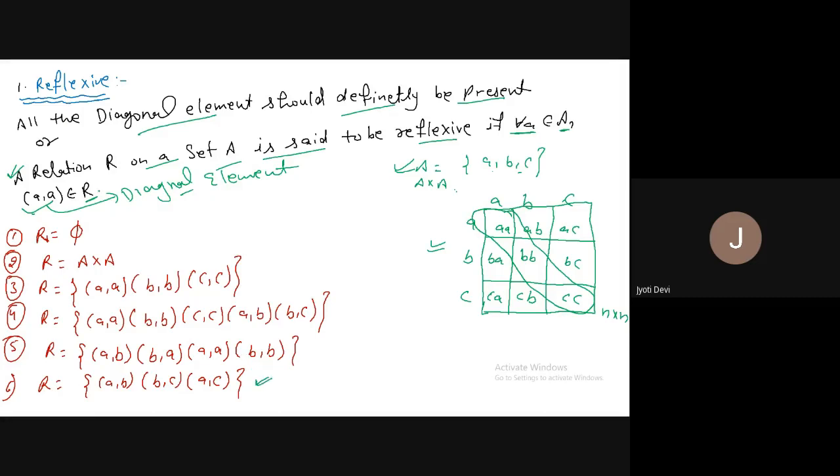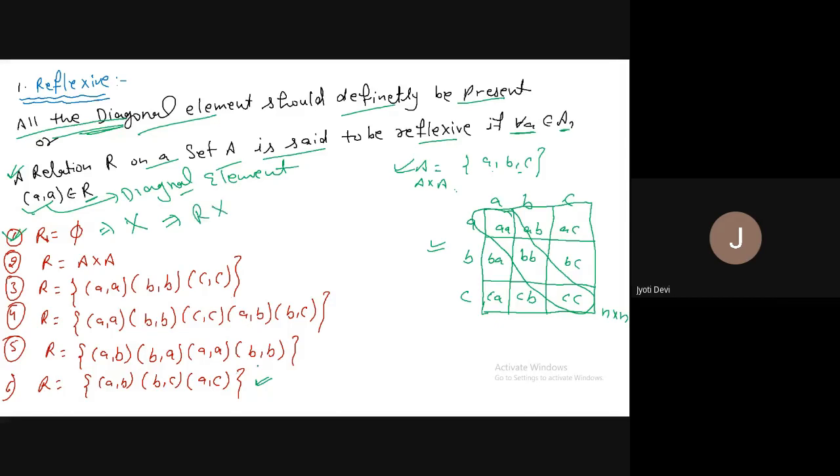Okay. First, I solve the first one. It is not reflexive. Why? Because the definition says all diagonal elements should be present. It is a mandatory condition. But in the first relation, no such element is present. That's why it is not reflexive.